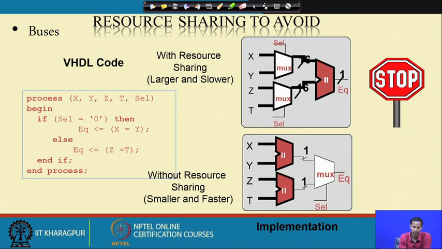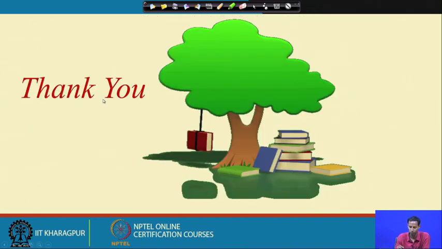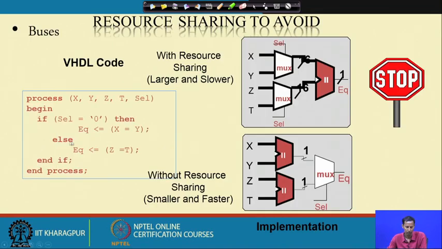Here you see x, y, z, and t, and this is the select input. In the previous case it was multiplication; here we have to check equality.